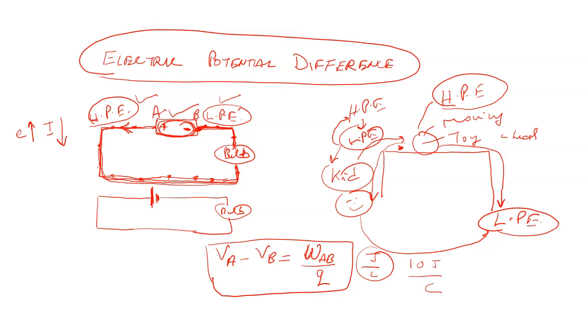What is the meaning of this? 1 coulomb of charge will result in movement of 10 joule of energy. So by definition, electric potential difference is the work done in moving a charge from point A to point B. This is the meaning of electric potential difference.